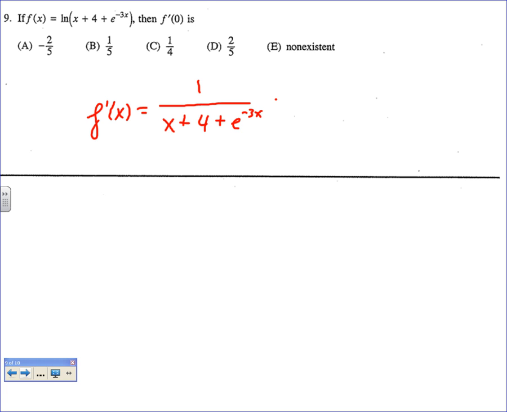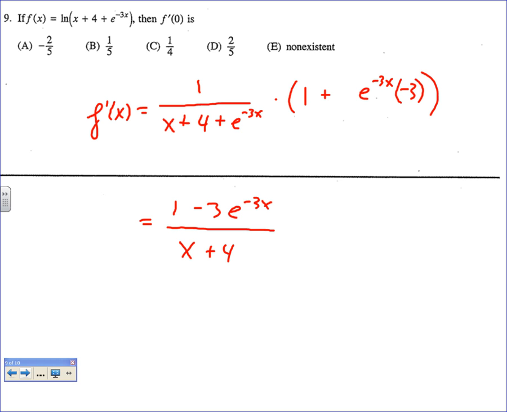The derivative of x is 1, the derivative of 4 is 0, and the derivative of e to the negative 3x is e to the negative 3x times a negative 3. I can clean that up a little and write in the numerator 1 minus 3 times e to the negative 3x, over x plus 4 plus e to the negative 3x. That's what the derivative is.